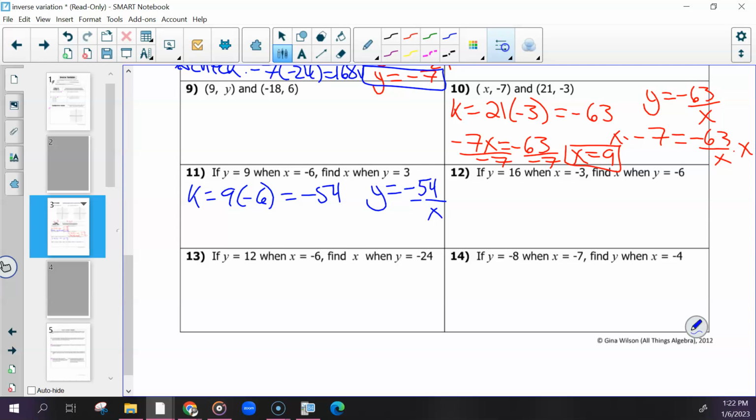Here, again, we're looking for x, and we have y, so put 3 in for y. Multiply both sides by x. And then divide both sides by 3.